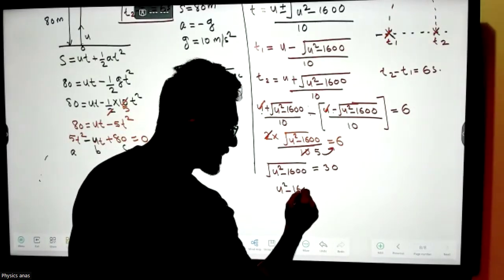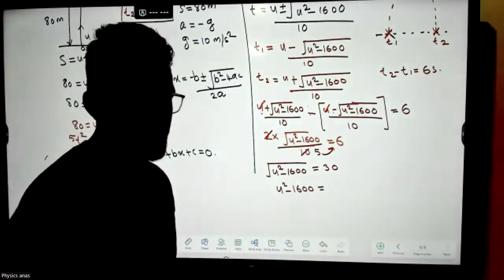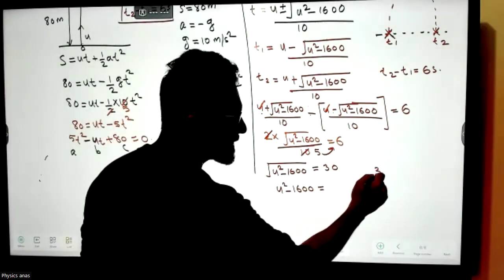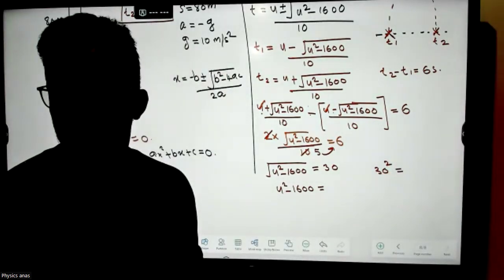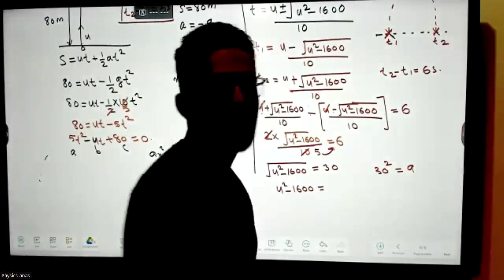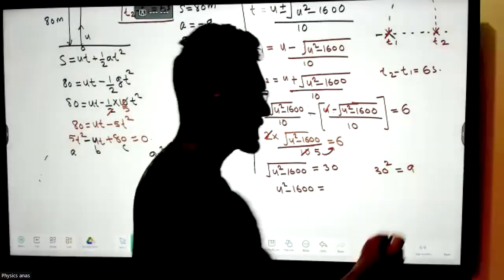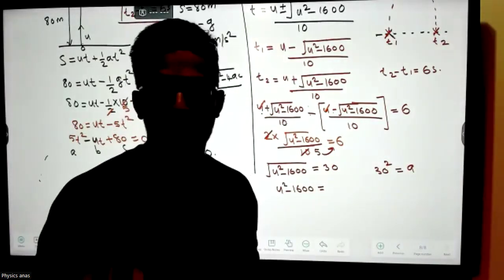U square minus 1600 will become, you have to square the other thing, that is 30 square. What is 30 square? What is 3 square? 9. And you have to give 2 zeros. If you are squaring a value with a 10 in it, in the result there will be 2 zeros.